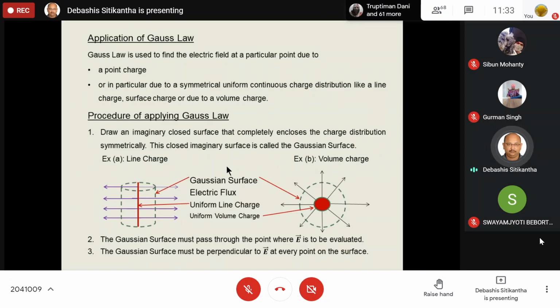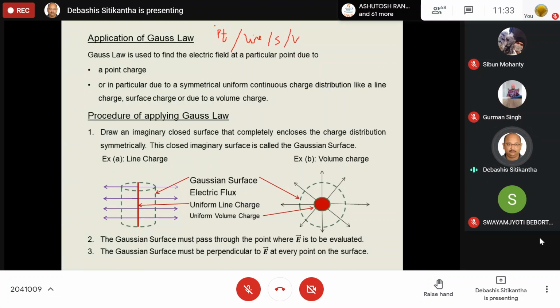So basically we can say that Gauss law is used to find the electric field at a particular point because of a point charge, number one, or due to symmetrically distributed charge like line charge, surface charge, or volume charge.